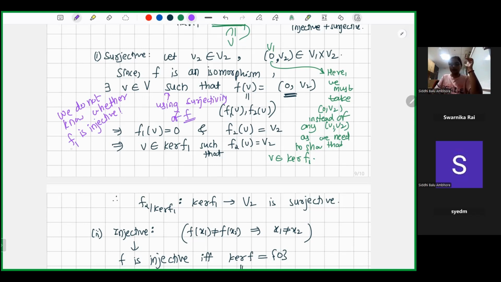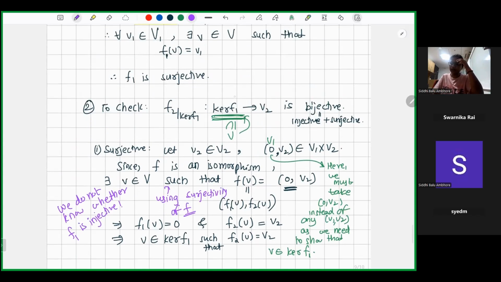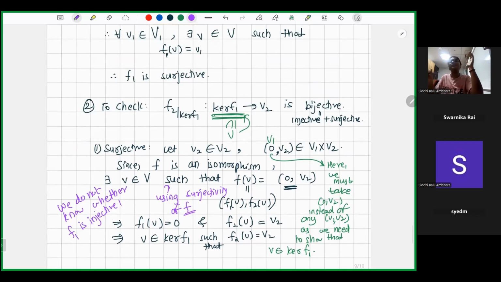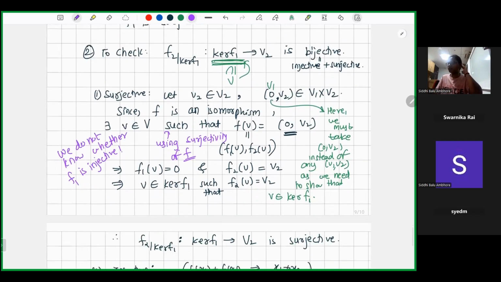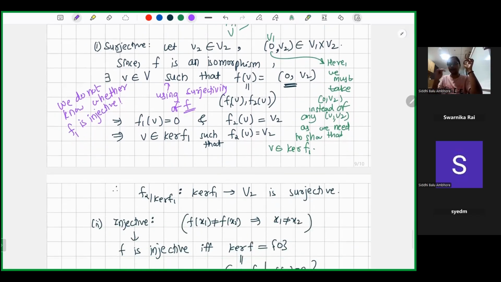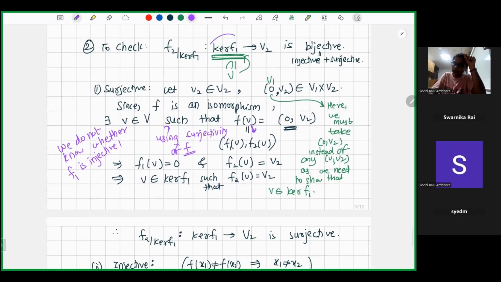Because if that were the case, then this map would be from 0 to something, which is not true. I mean it could be true, but we don't know that. We are only talking about surjectivity. The only reason we took 0 here is that whatever v we get here, I want this v to be in the kernel of f1. That's why I chose 0 here.